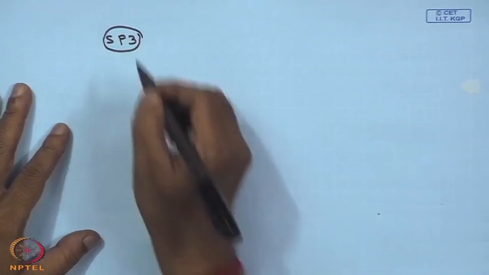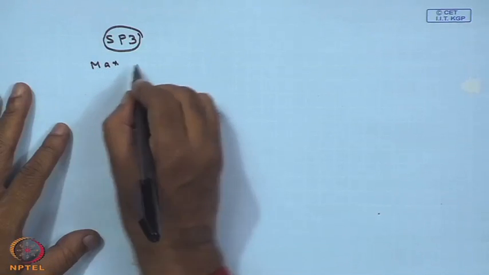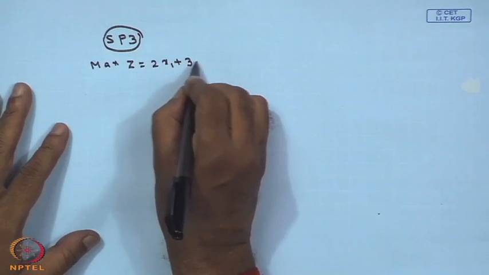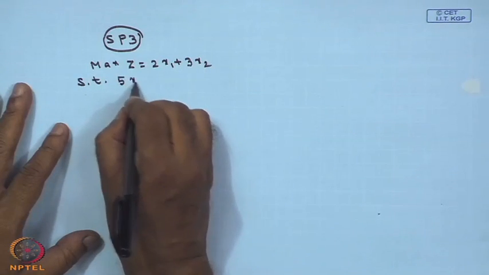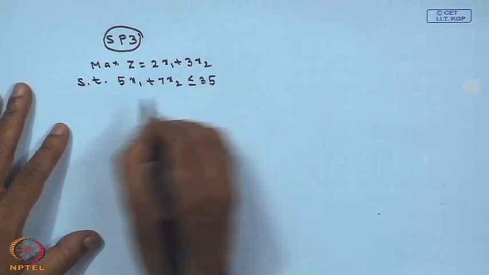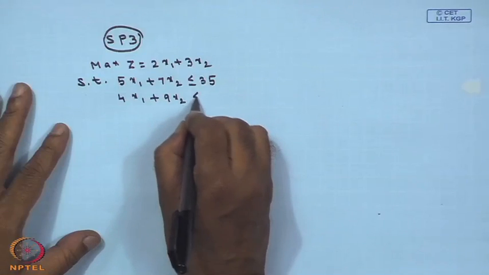What is your SP3 now? SP3 is maximize Z equals 2x1 plus 3x2, subject to 5x1 plus 7x2 less than or equal to 35 and 4x1 plus 9x2 less than or equal to 36.